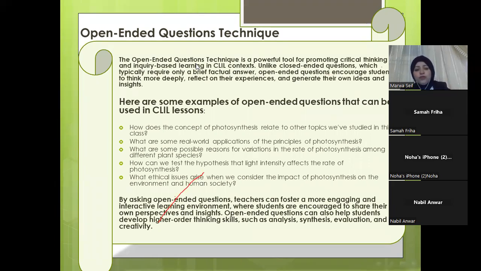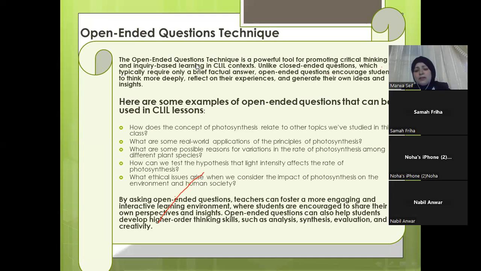I don't want to ask them these questions all the time, because I want to get them to have their mind work, to promote the work of the mind, the critical thinking, so that they can understand the content. So I ask them open-ended questions. It gets them to generate ideas, reflect on their experience and think more deeply about the content.